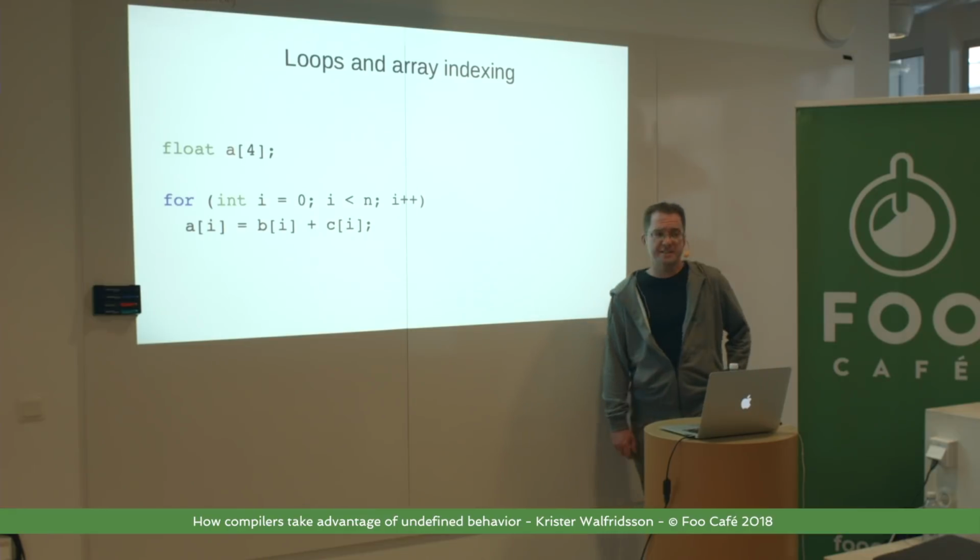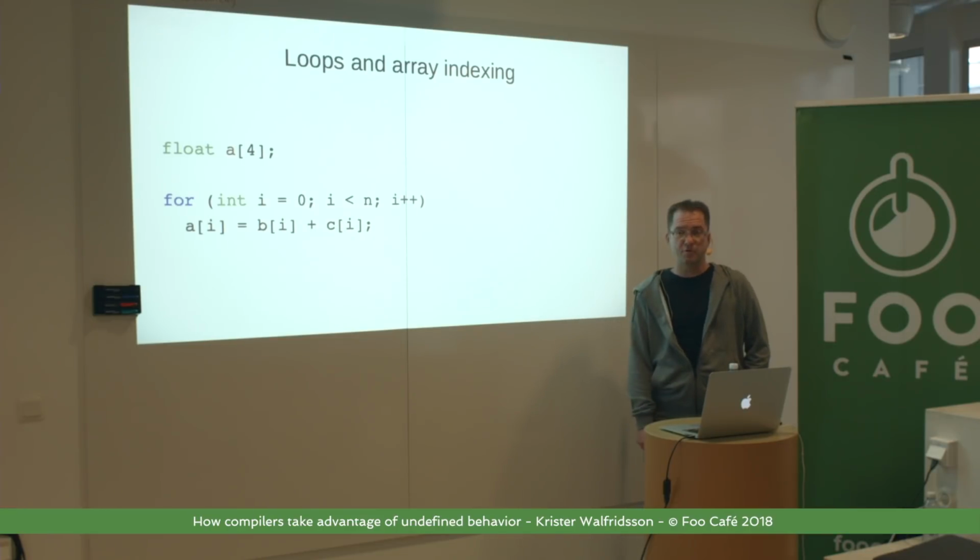But if the compiler sees that A is a float array with 4 elements, it can see that it will be a buffer overflow if n is bigger than 4. And that is undefined behavior, so it can optimize this as if n is equal to 4 or smaller. So in this case, it will probably not vectorize this. And this, of course, can give interesting results if you have bugs in your program.